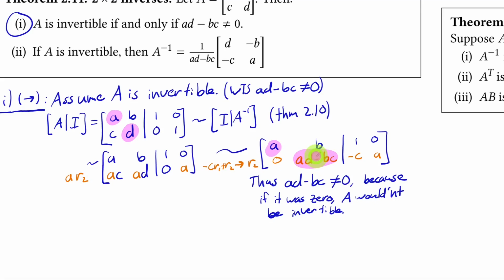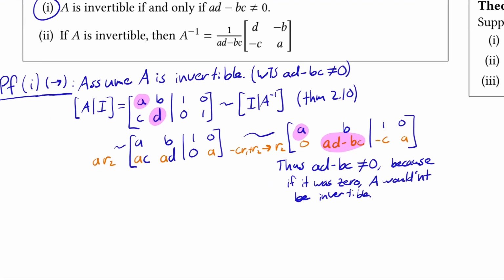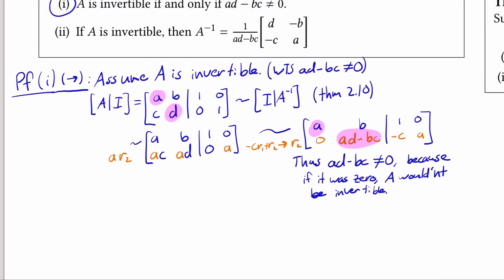But, hey, we already assumed A is invertible. Let's actually just prove 2 while we're at it and show that this formula works. Because we just showed that ad minus bc is not 0, so at least we know this formula for A inverse is well defined.